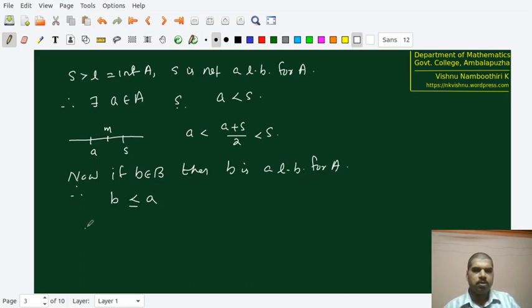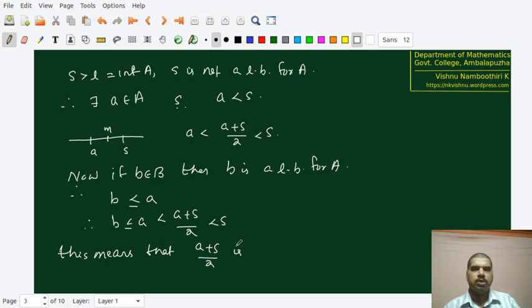Therefore, b is less than or equal to a, which is less than (a plus S)/2, which is less than S. This means that (a plus S)/2 is an upper bound for B. So we have (a plus S)/2 an upper bound for B, and (a plus S)/2 is less than S, where S is the supremum of B, and we are getting an upper bound for B which is strictly less than the supremum.